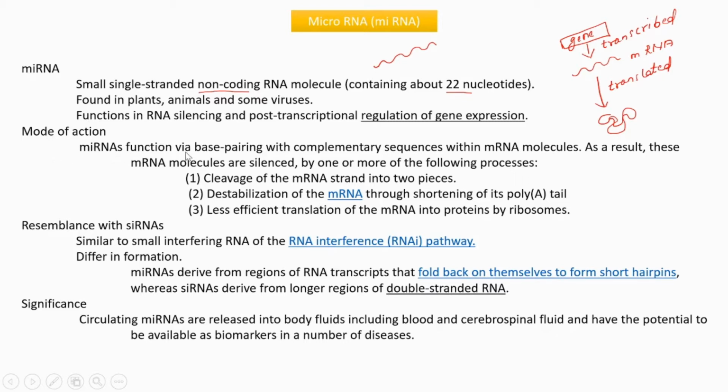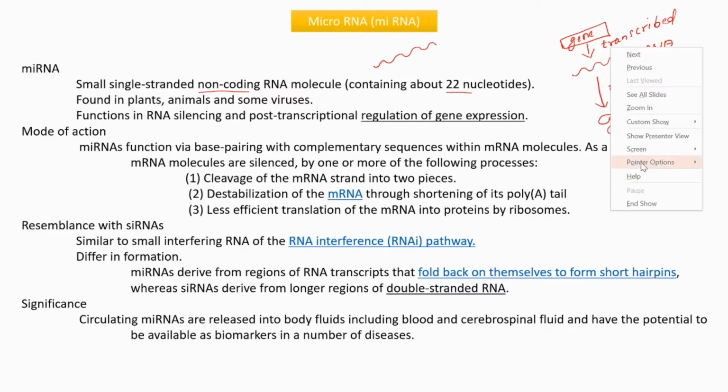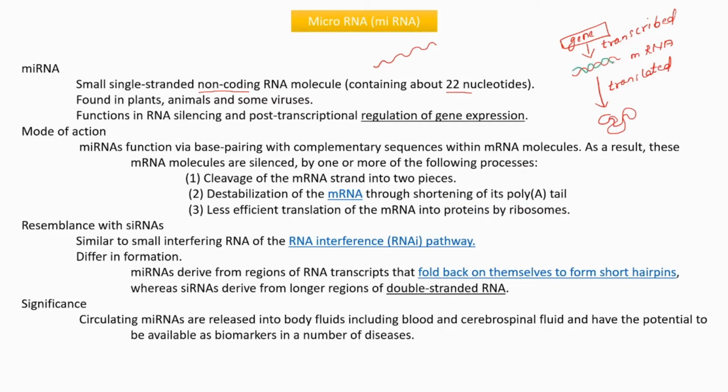miRNA functions by causing base pairing with the complementary sequence within mRNA. How does it function? I will show you. Let me take another color. miRNAs come and form some base pairing with the mRNA.